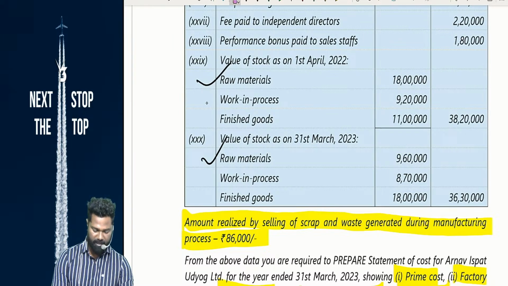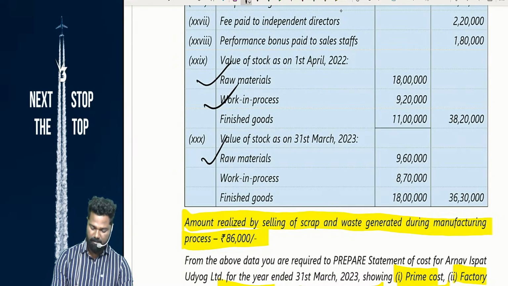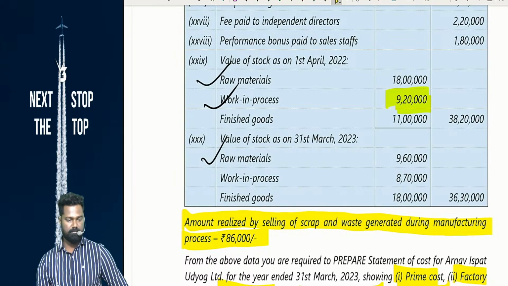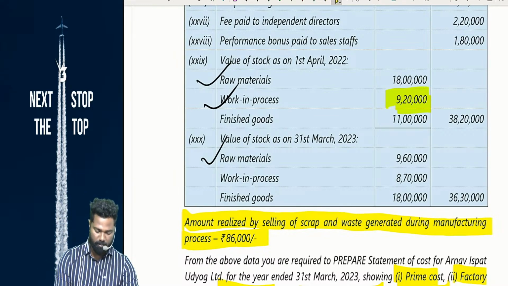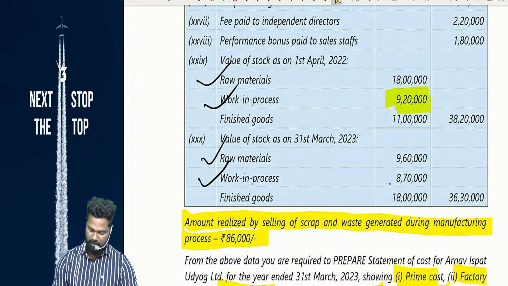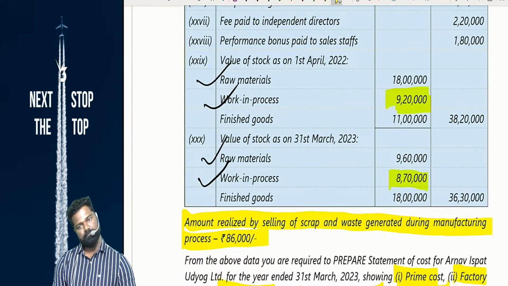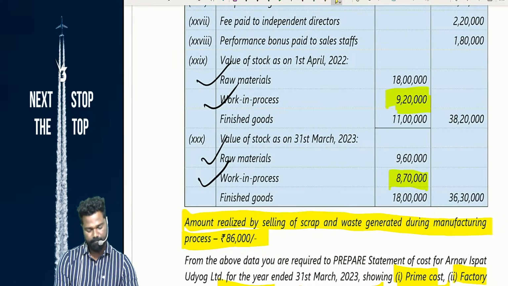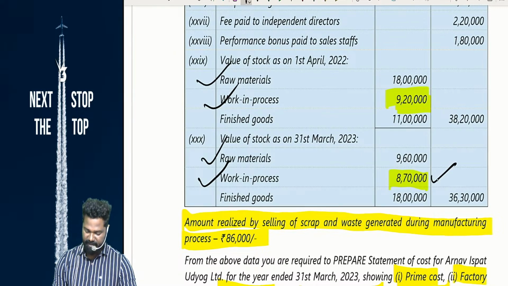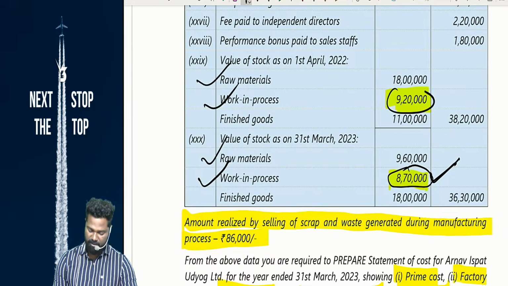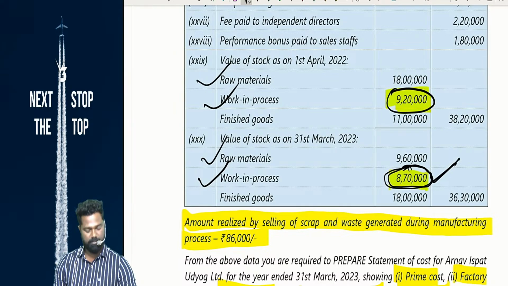Opening stock of WIP is 9,20,000. How much is closing stock of WIP? Is it given in the question? Yes, sir. How much, sir? 8,70,000. 9,20,000 is the opening. Closing is 8,70,000.